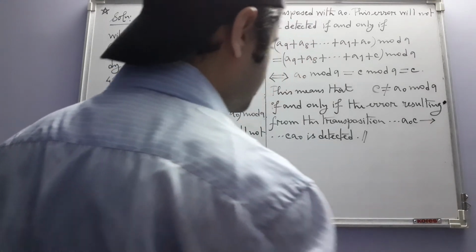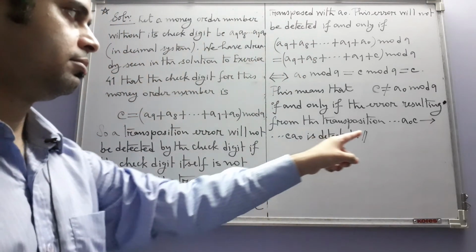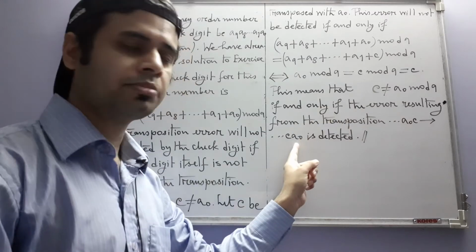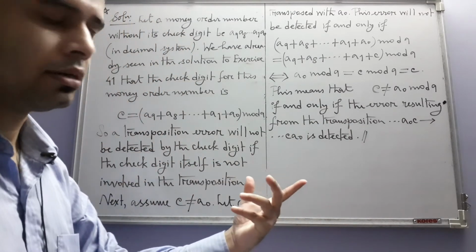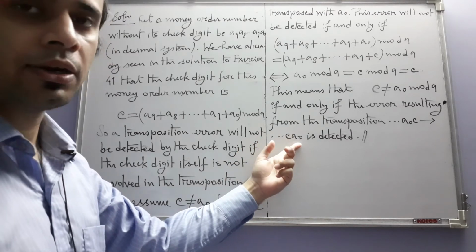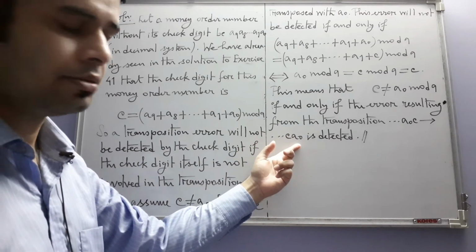And it makes sense also. You see, if you perform this transposition, then looking at the resulting number, you will think that A naught is the check digit.